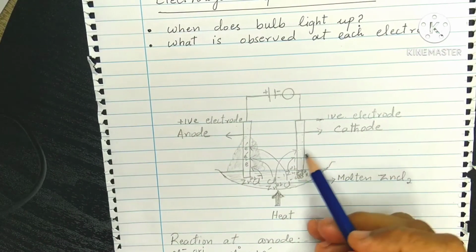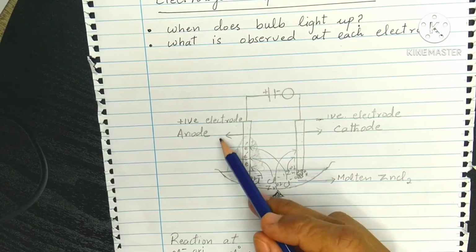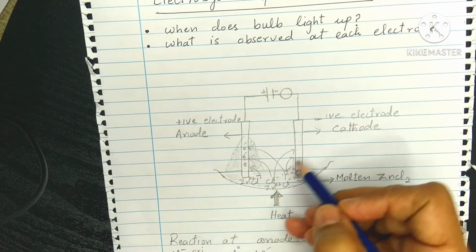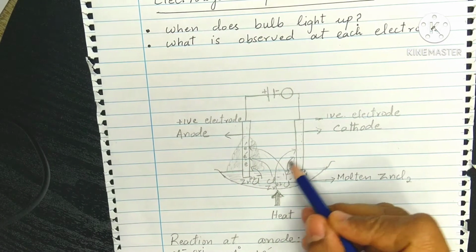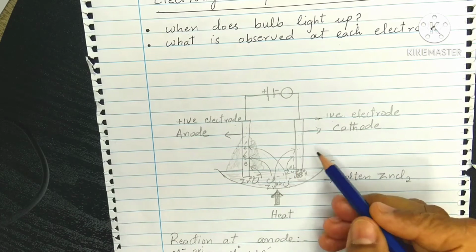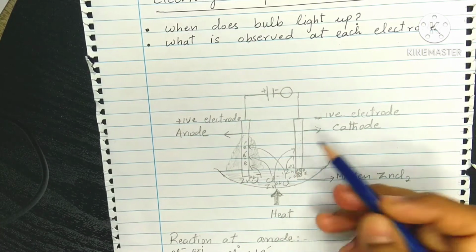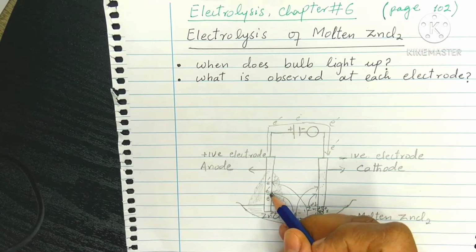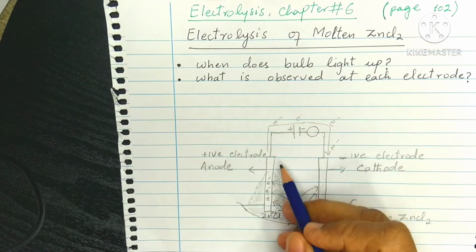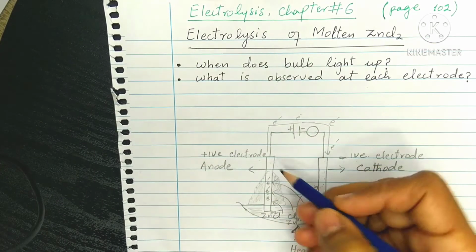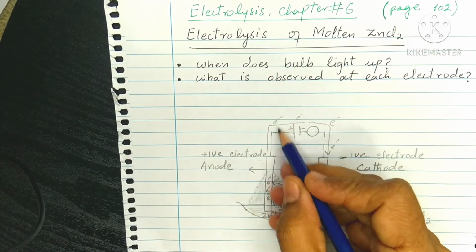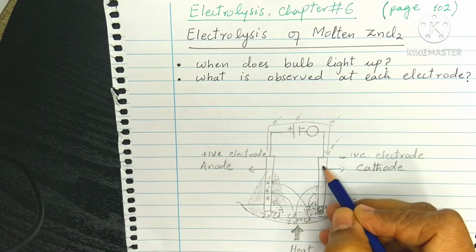Now at the same time, when oxidation is going on at the anode, there is also another process, a reduction process, going on at the cathode. The electrons are released by the chloride ions, and these electrons move through the external circuit from anode to cathode.